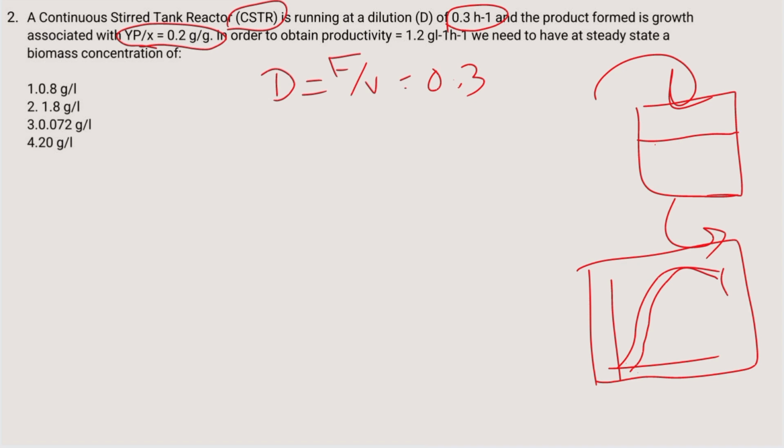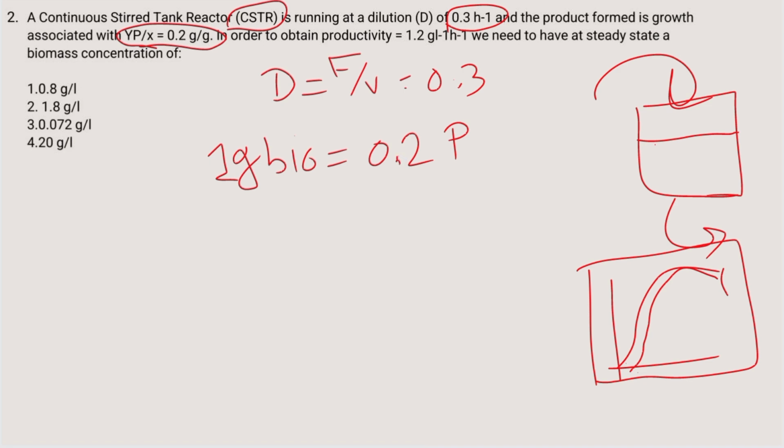The product yield is 0.2. That means if 1 gram of biomass is present, then it will produce 0.2 gram of product.